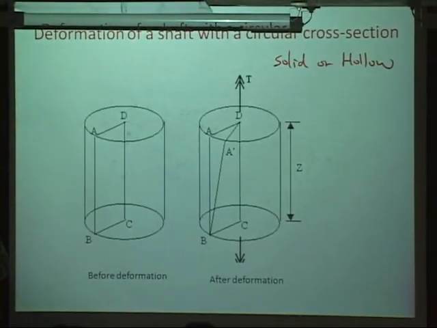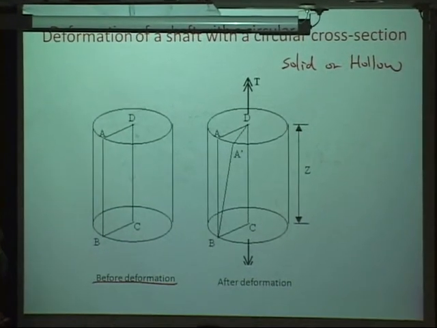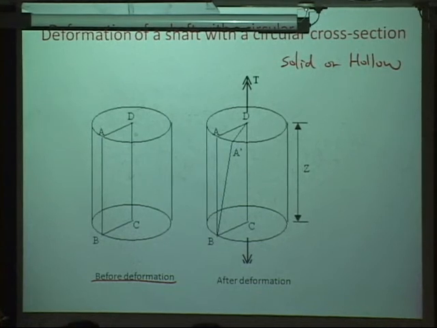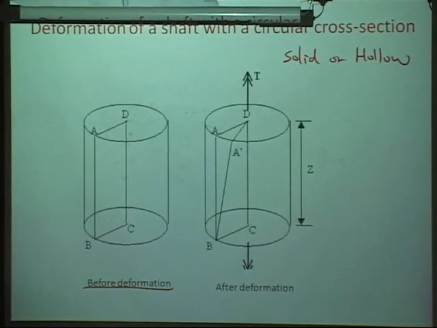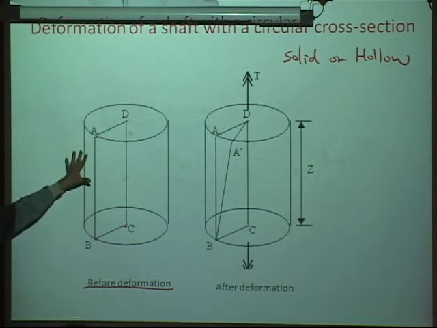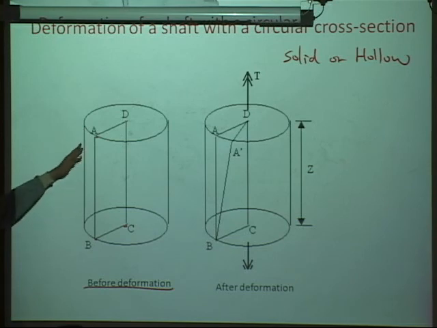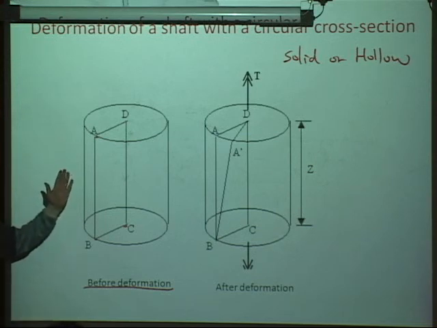Okay, this is before deformation. Let's say we mark four points A, B, C, D, and we just connect them. These are just arbitrary points and arbitrary lines, indicating some reference lines.